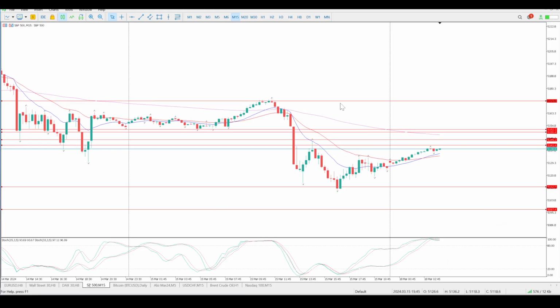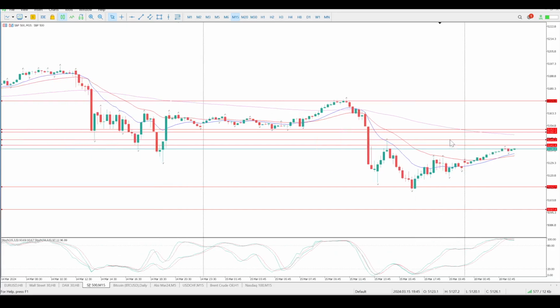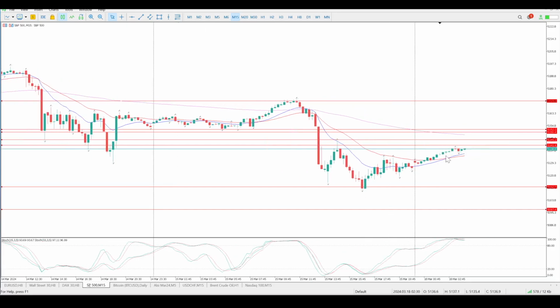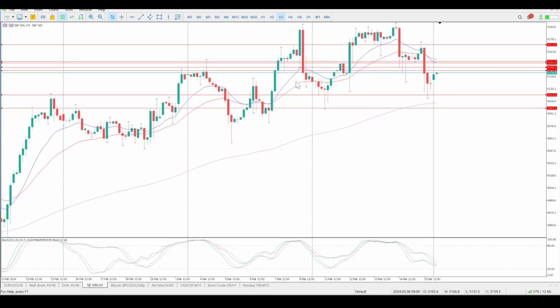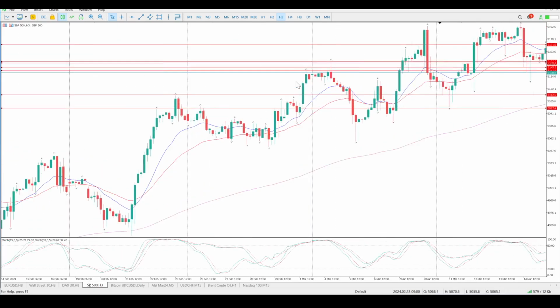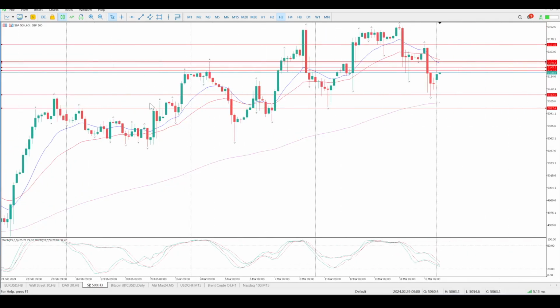So that's what I would be looking at. If we get back above 51.50 and run to the top here and come back to test it, then I would be looking for longs. But I think it makes so much sense that we have some kind of a pullback onto some decent structure lower down on the higher time frames. This zone that we tested at 5100 is obviously an area of strong support, as you can see.